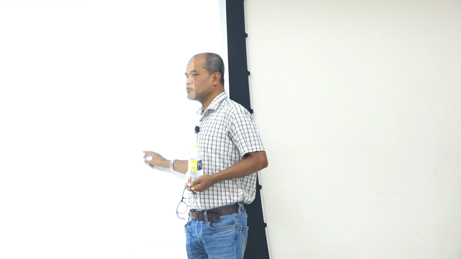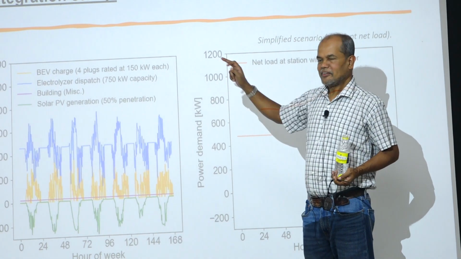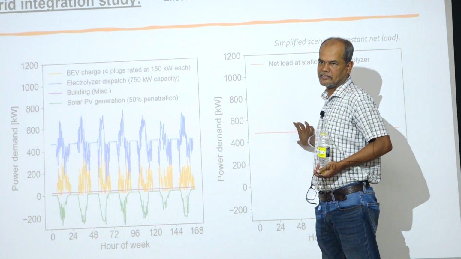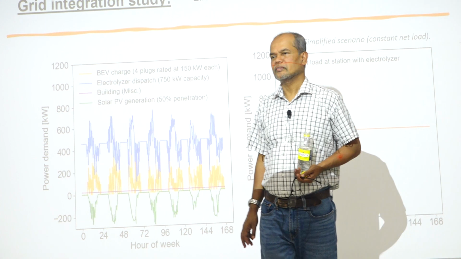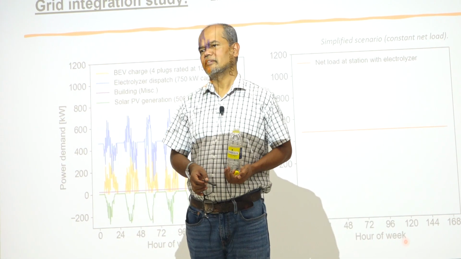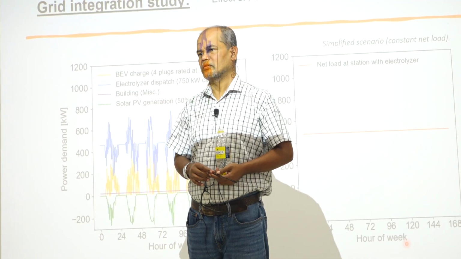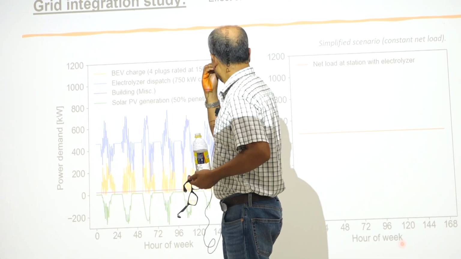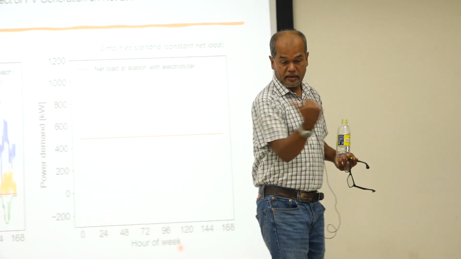Although this is not the actual demand, if you add all of them, the final response is like this. My question is, sir, can we control the stack of the fuel cell, or are we controlling the current of the electrolyzer? We are mainly controlling the input electrolyzer current. Current means we are controlling the current. Yes.